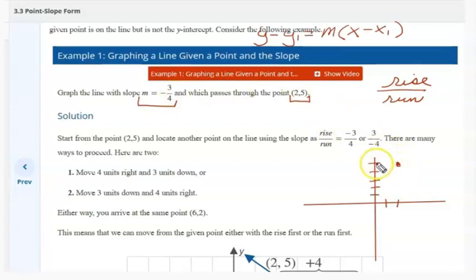So 1, 2, 3, 4 to about there, and we do that mentally. And now we're going to go up 3: 1, 2, 3. So we can now make a line from this point through the point we already have, and in a sense, there's our right triangle.